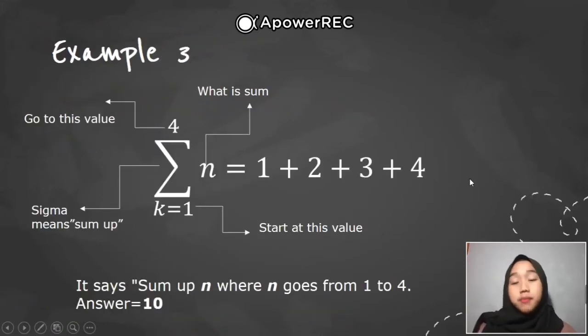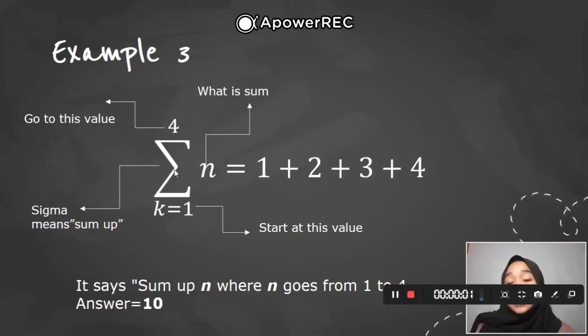So the third example is sigma k equals 1 to 4 of k, equals 1 plus 2 plus 3 plus 4. We can say 4 is the end value, and k is what is summed.